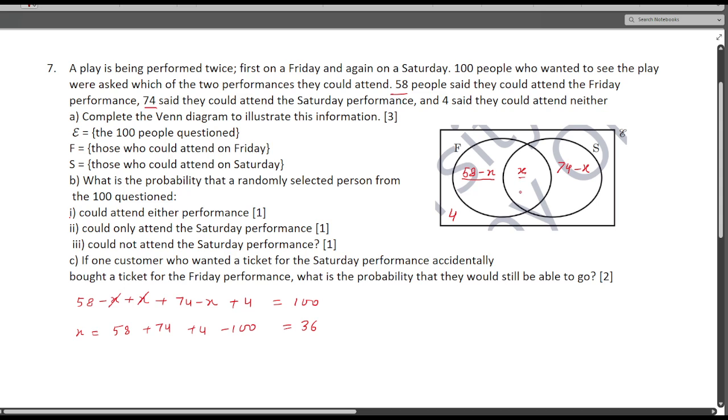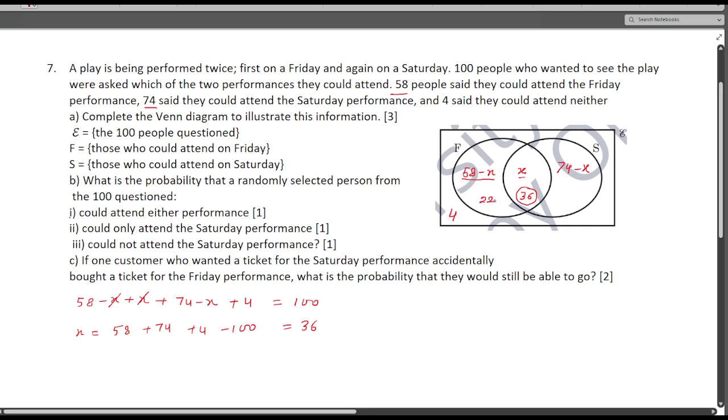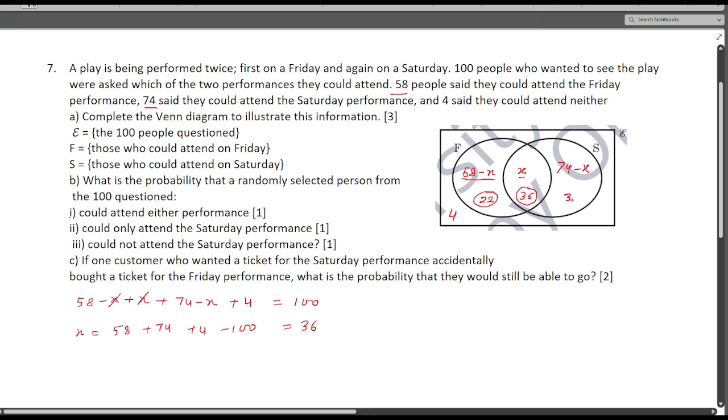That means there are 36 students who can attend the play on both days. 58 minus 36, that is 22, can attend only on Friday, and 74 minus 36, which is 38 in number, can attend only on Saturday.